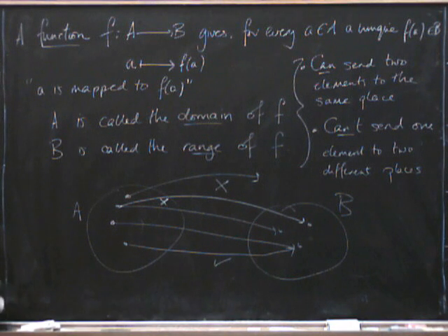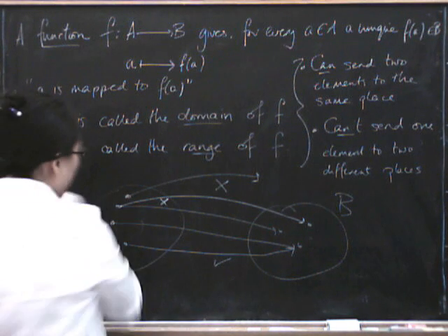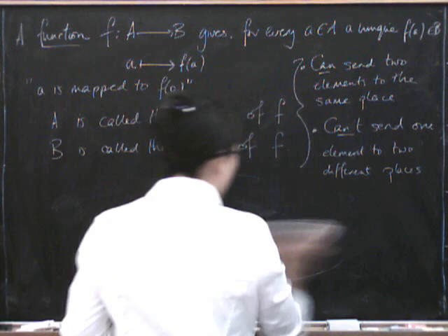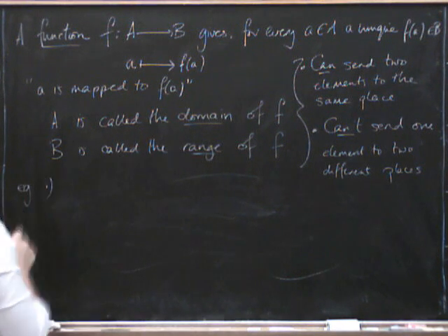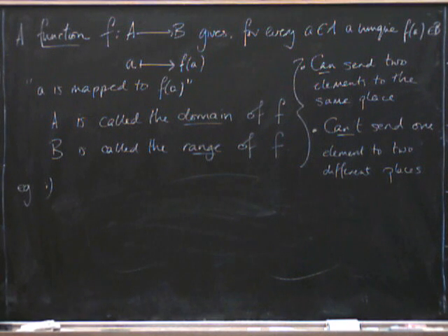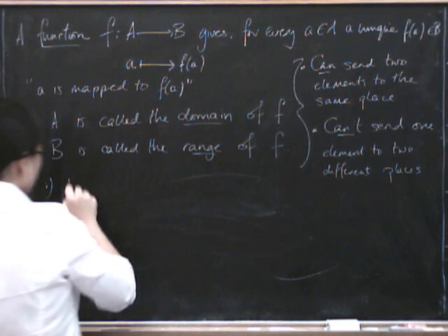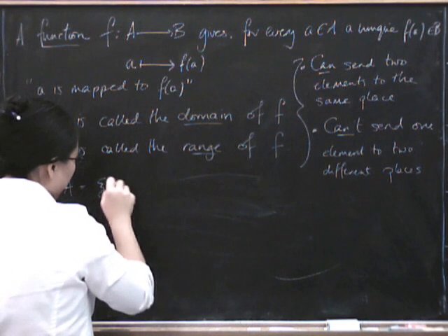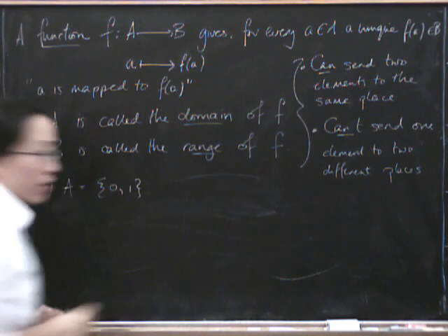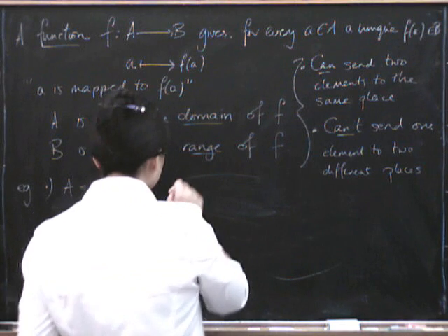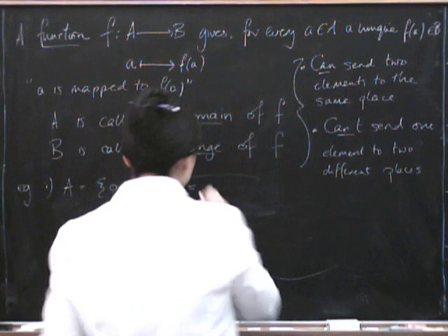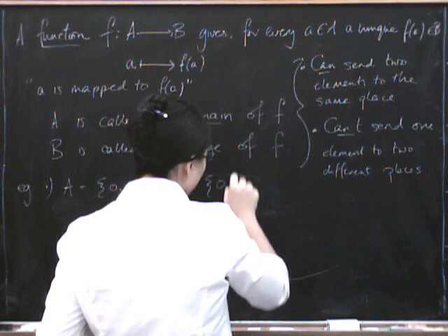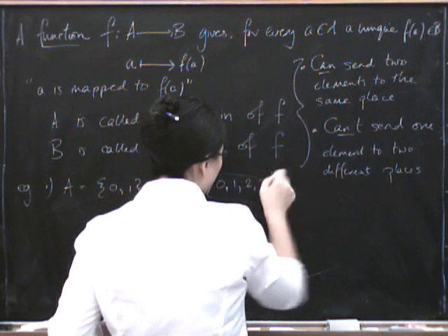So let's have some examples of some functions. Okay, let me get rid of this picture, and let's have our first example. Example 1. We could take the set A to be the set containing two elements 0 and 1, and we could take the set B to contain four elements 0, 1, 2, and 3.